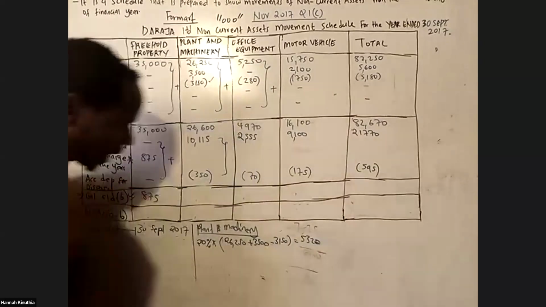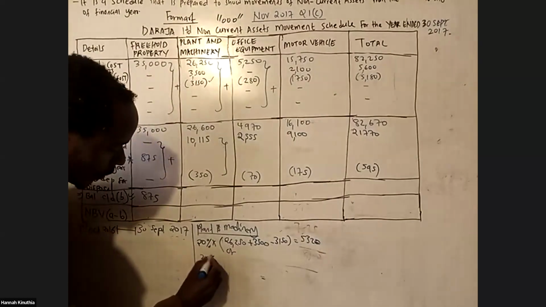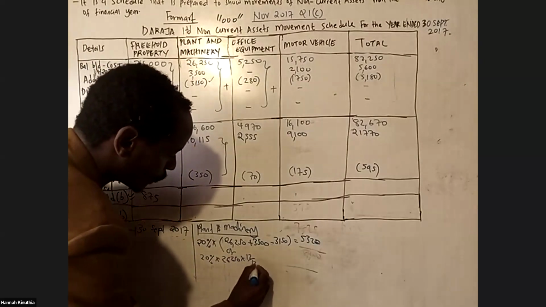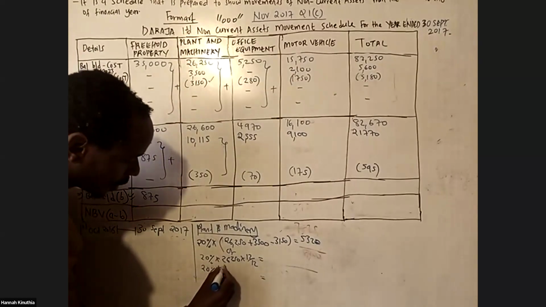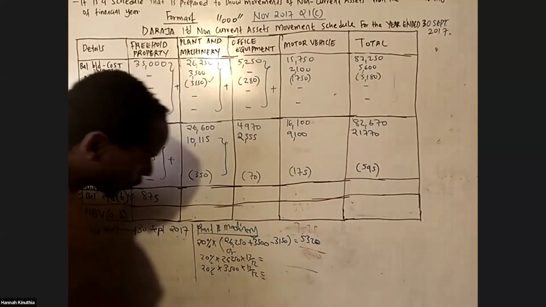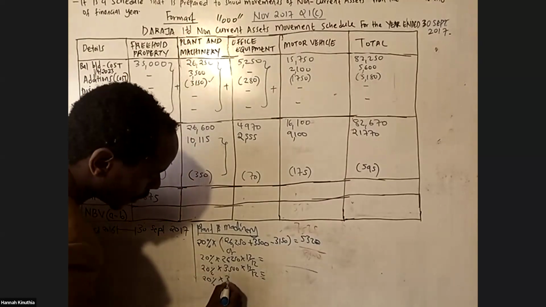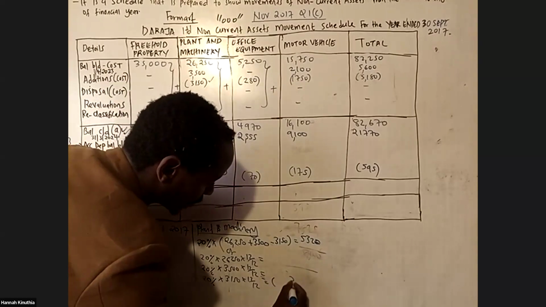Ama unaweza amua ufanye lingine ya kando, or unaweza amua uchukue 20% times 26 50 times 12 over 12, then 20% times 3500. It was acquired also at the beginning of the year, 12 over 12. Then you less ya mwisho 20% times 3150 times 12 over 12. So hii ya mwisho na less.